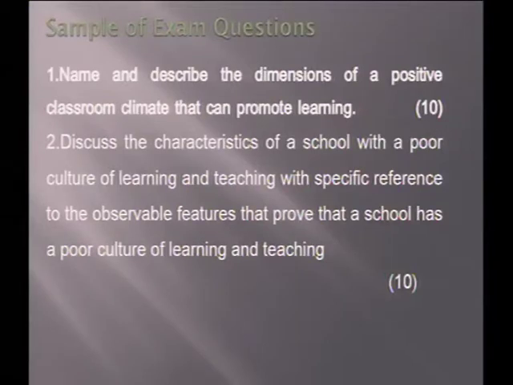And also one of the questions that you need to look at is: discuss the characteristics of a school with a poor culture of learning and teaching, with specific reference to the observable features that prove that a school has a poor culture of learning and teaching. So, as we discussed, what are the characteristics that show there's no learning at this school?